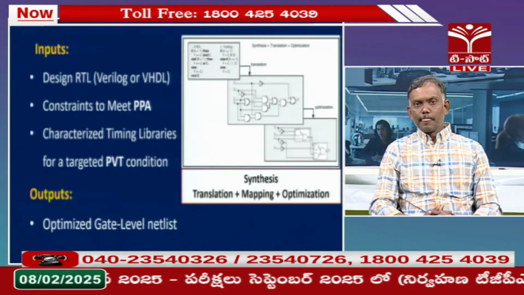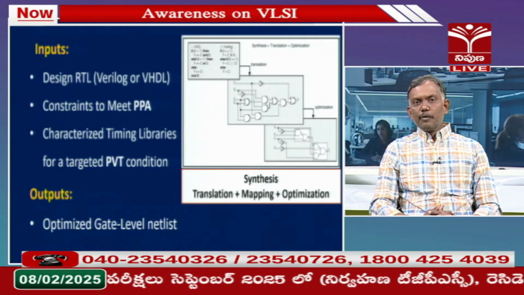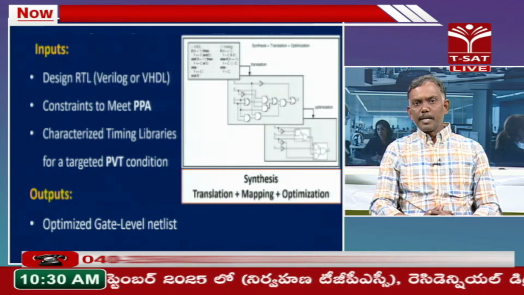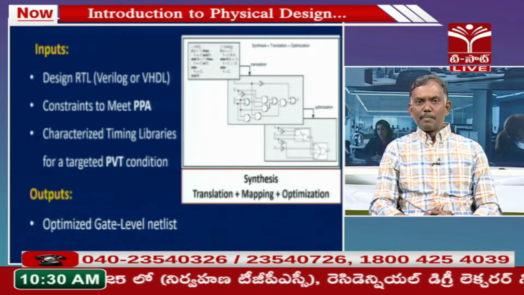Process variations, voltage variations, temperature variations, all these three parameter variations will impact your cell parameters like cell delay, power consumption, transition values. So, I am saying targeted PVT condition. What do you mean by this targeted PVT condition? As I said, we are expecting certain process parameters, voltage value, temperature value.